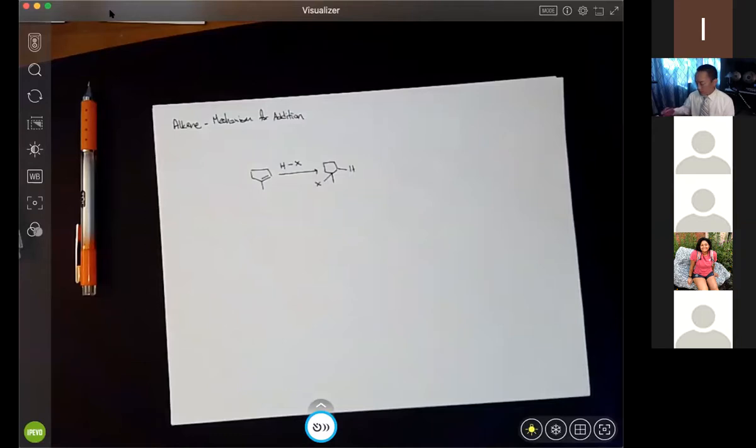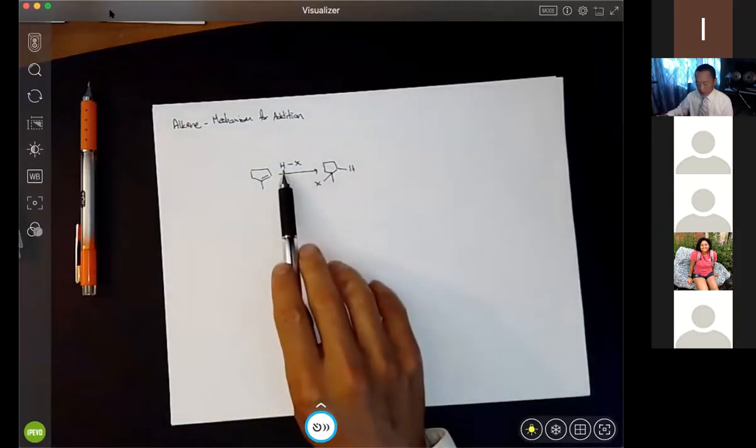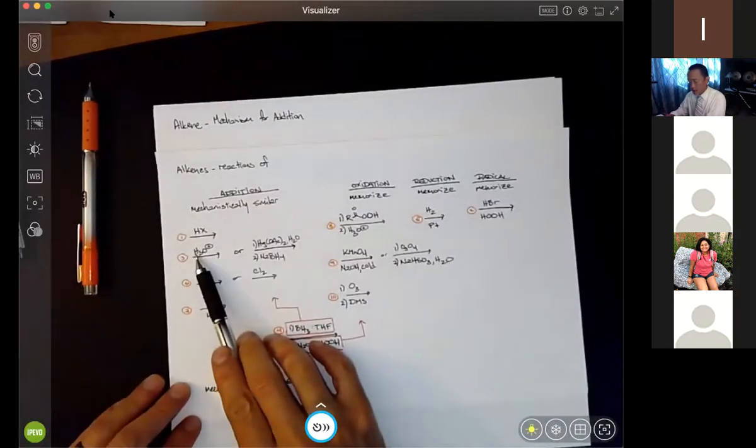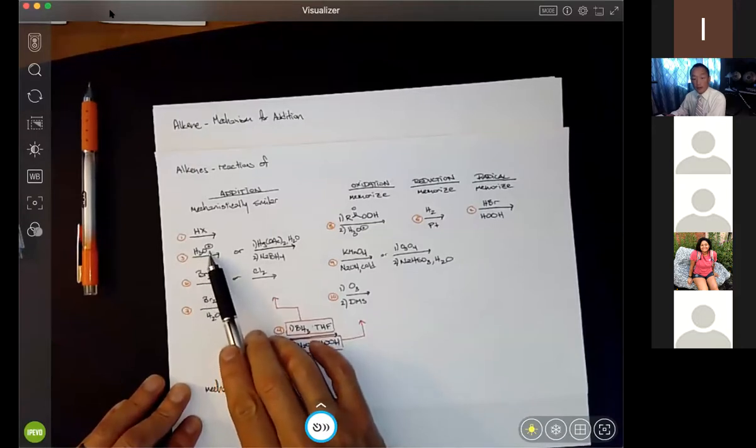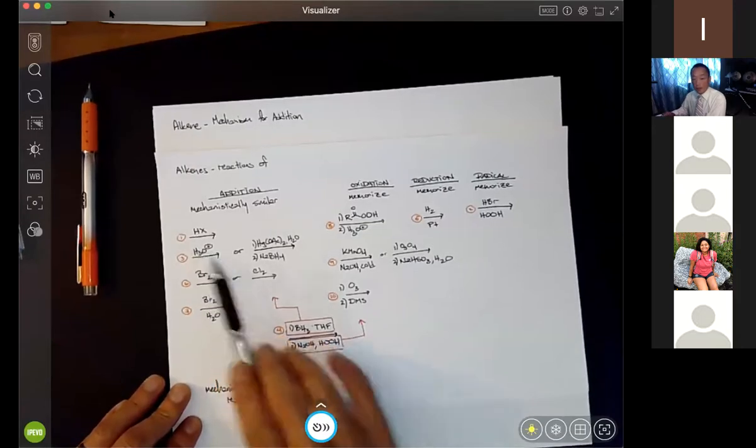And the idea being here that when we look at these other reactions, the hydrogen being added is the one from this H3O plus, and then the other thing that could be added would be the OH from here.